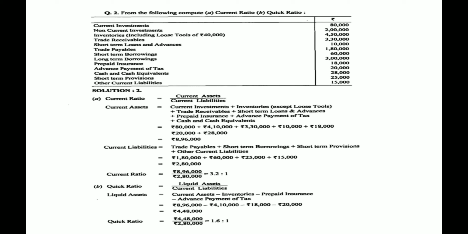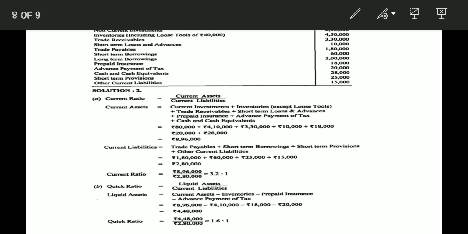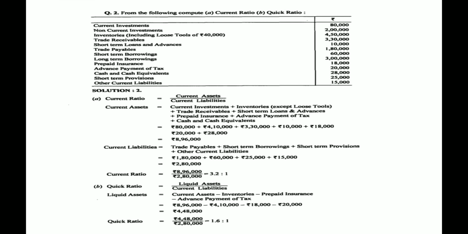First of all, you have to find the current ratio and after that the quick ratio. What is the formula of the current ratio? Current assets upon current liabilities. First of all, you have to choose what the current assets are. Is current investment a part of current assets? Yes.